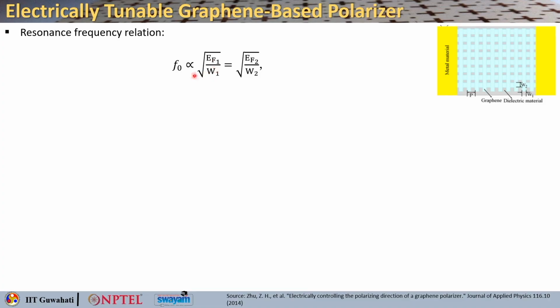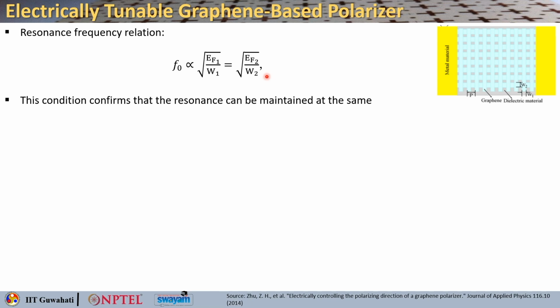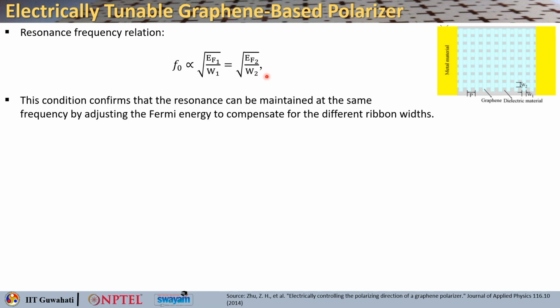So, you can write square root of EF1 divided by W1 equals square root of EF2 divided by W2. This tells you that the resonance frequency depends on both the Fermi energy and the ribbon width, and this condition also confirms that the resonance can be maintained at the same frequency by adjusting the Fermi energy to compensate for different ribbon widths, W1 and W2.